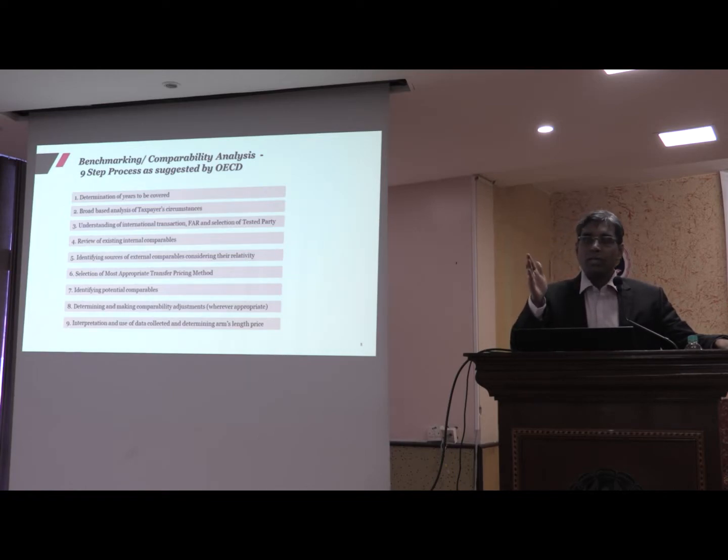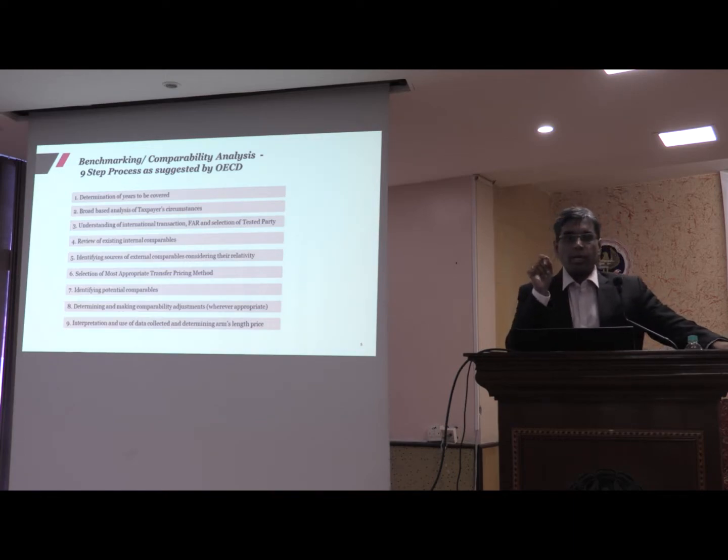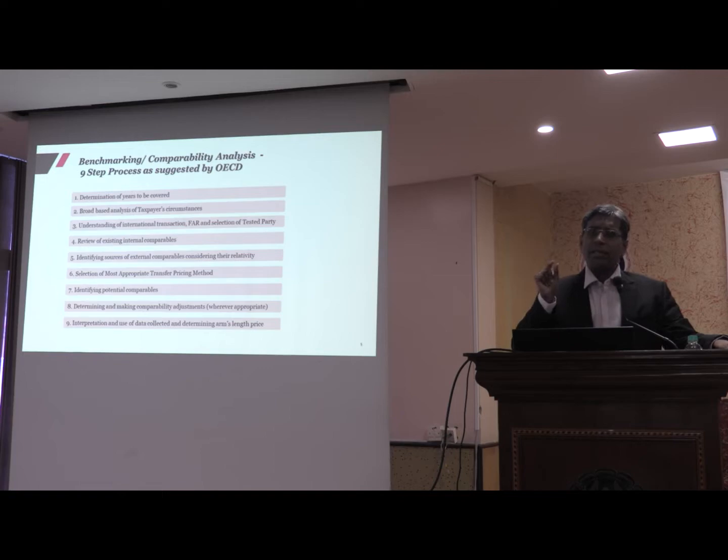As practitioners, when we do an analysis like this, let's not just be driven by databases. We have to use the databases because they contain a significant amount of data, and that's very helpful. But we also should know the facts of the taxpayer, the business of the taxpayer, which will enable us to do a better analysis. So when we say determination of years to be covered, there may be certain years which would have been exceptional. For example, the travel industry was significantly impacted by COVID.